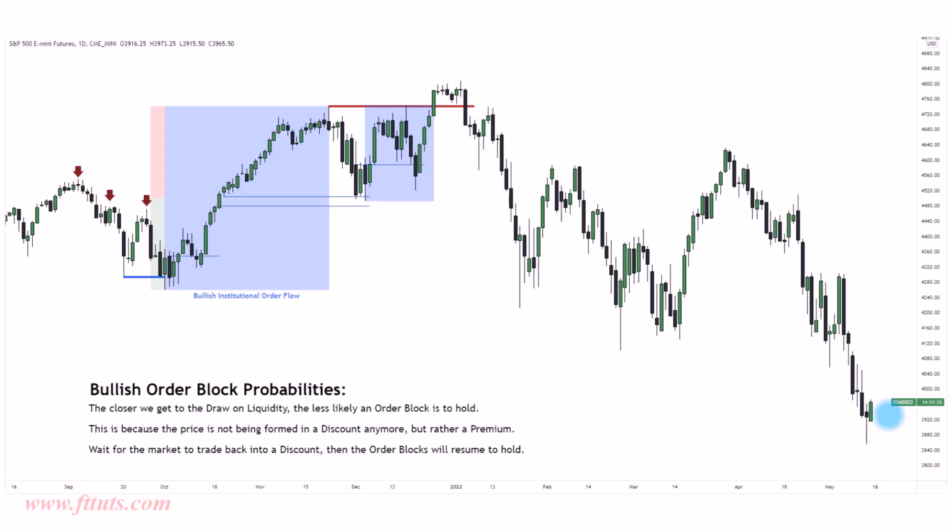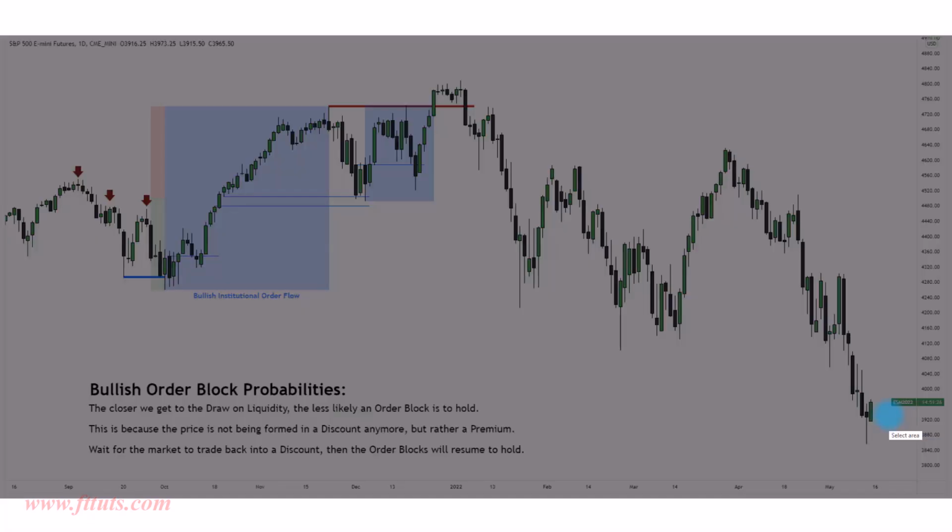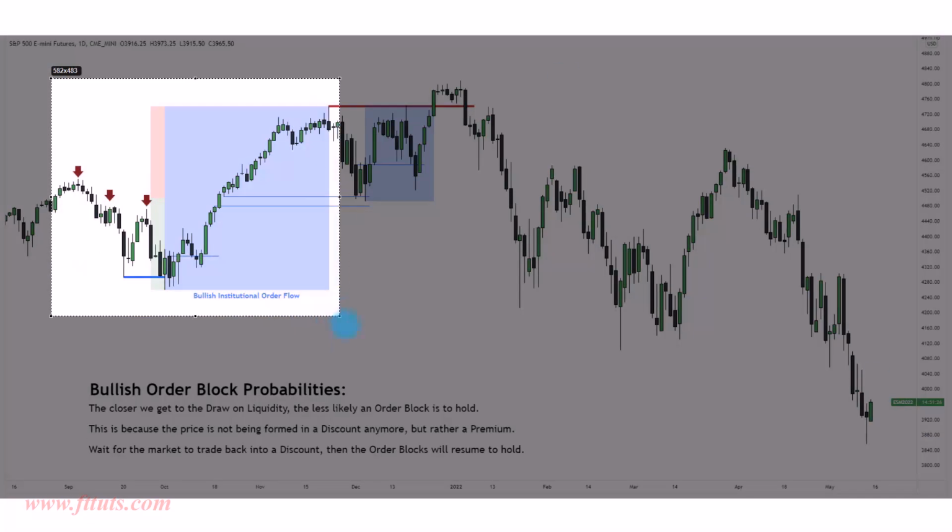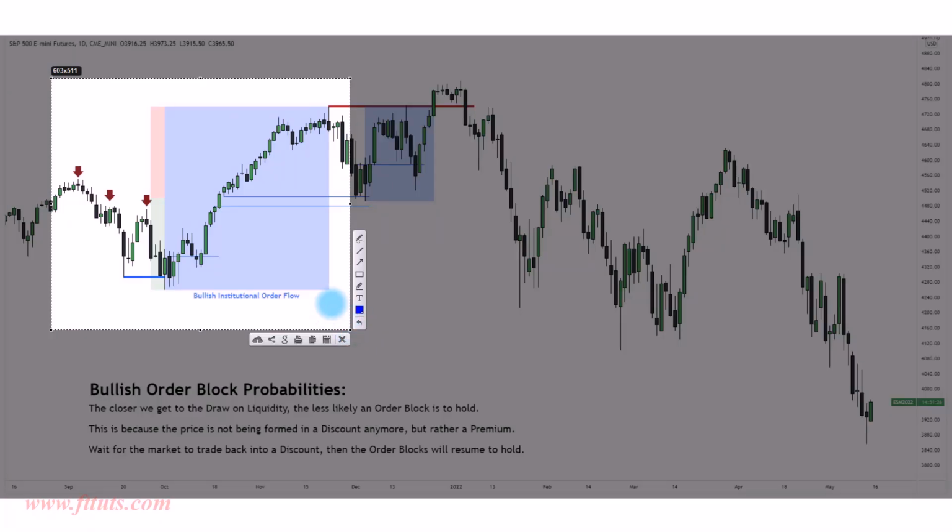Now let's talk a little bit about bullish order block probabilities. The closer we get to the draw on liquidity, the less likely an order block is going to hold. Let's explain this. Here you can see that if price comes and tests the order block, it's going to hold. Because if we look to the left here, price is in a discount and we've just taken out an old low, and we're extremely in a discount here.